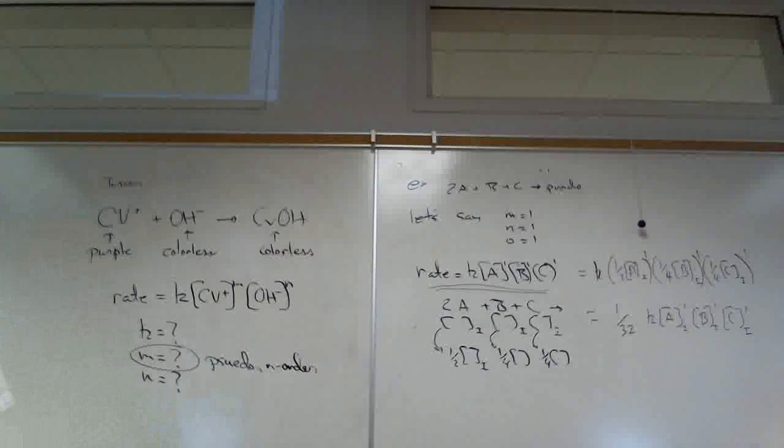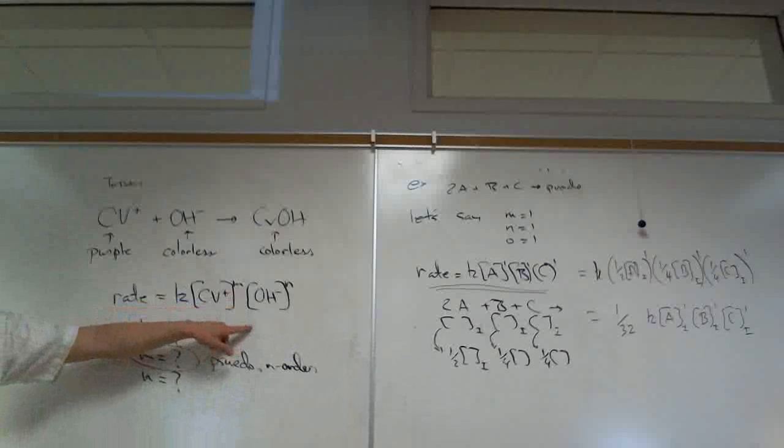I make the hydroxide concentration so big that over the course of the reaction, let's say 90% of the CV is consumed, I want the hydroxide to be barely touched. That means I have to have a huge hydroxide concentration relative to the CV concentration. And so I'm just going to make the hydroxide concentration very big.